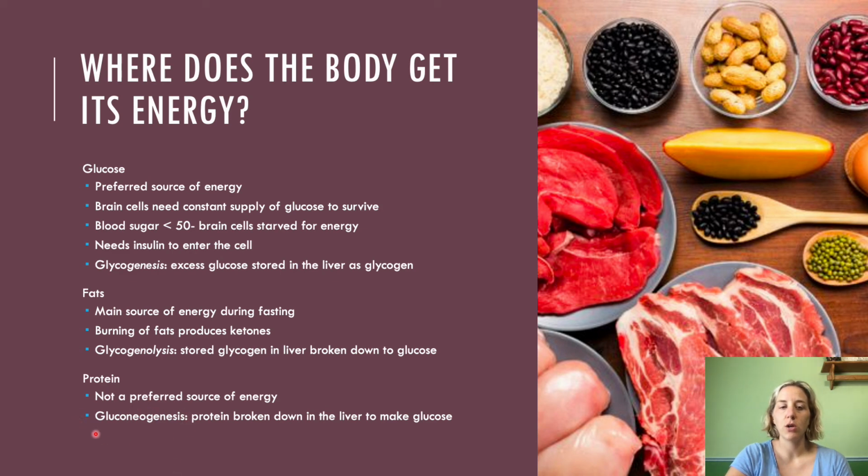So gluconeogenesis is when protein is broken down within the liver to then make glucose. So if you take in protein and your body needs energy, it will work and it will become energy, but it needs to go through the gluconeogenesis process first and be broken down and made into glucose.